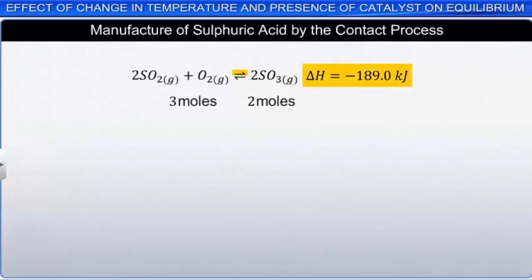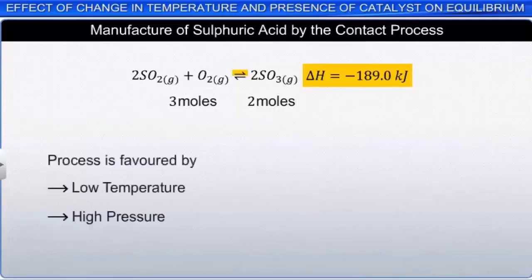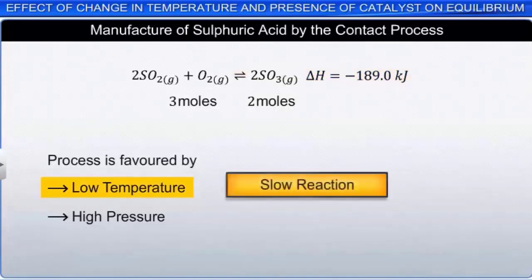Thus, according to Le Chatelier's principle, low temperature and high pressure favor the formation of sulfur trioxide. However, at low temperature, the reaction is very slow, while at high pressure, the tubes used in the synthesis get corroded.